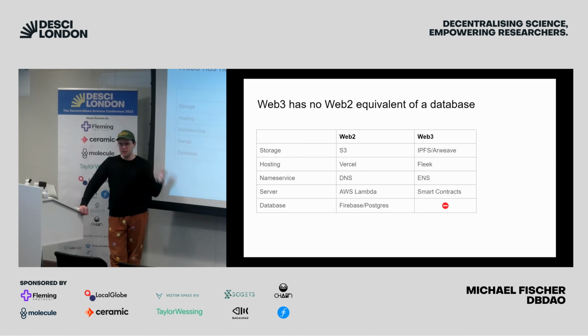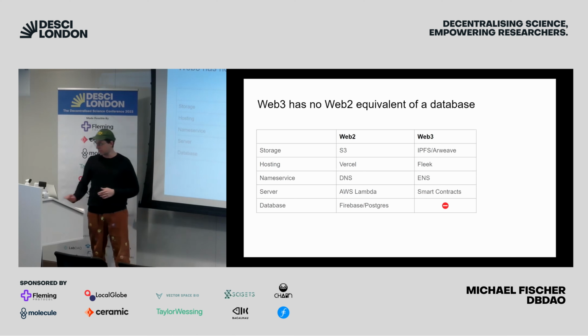This talk is going to be about some of the design decisions we made and how it works, and also a lot of the Web3 crypto native ideas behind what a database looks like with incentives and with staking and with wallets.